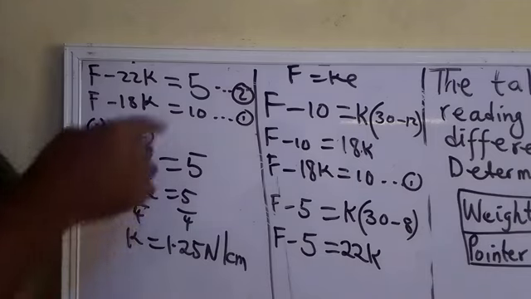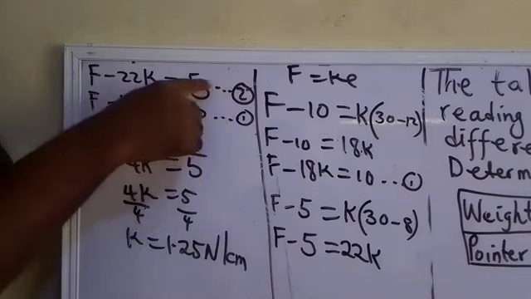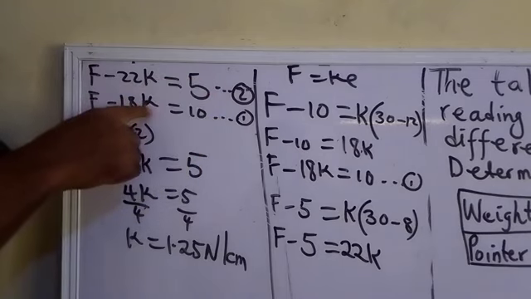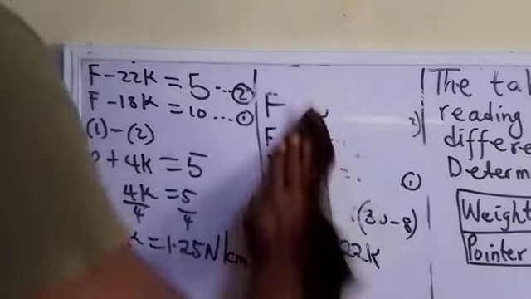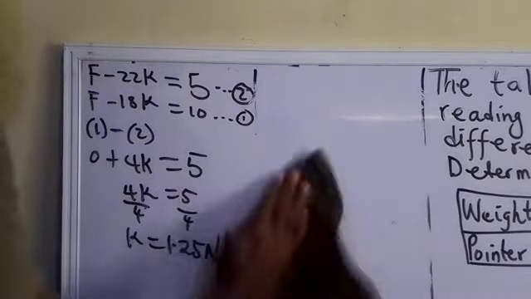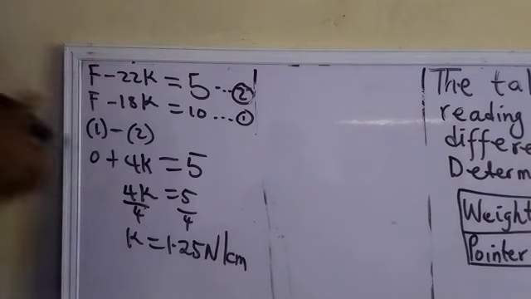We can go to either equation 1 or equation 2 and substitute the value of K. Either of them should give us the same answer. Now let me go for equation 1.